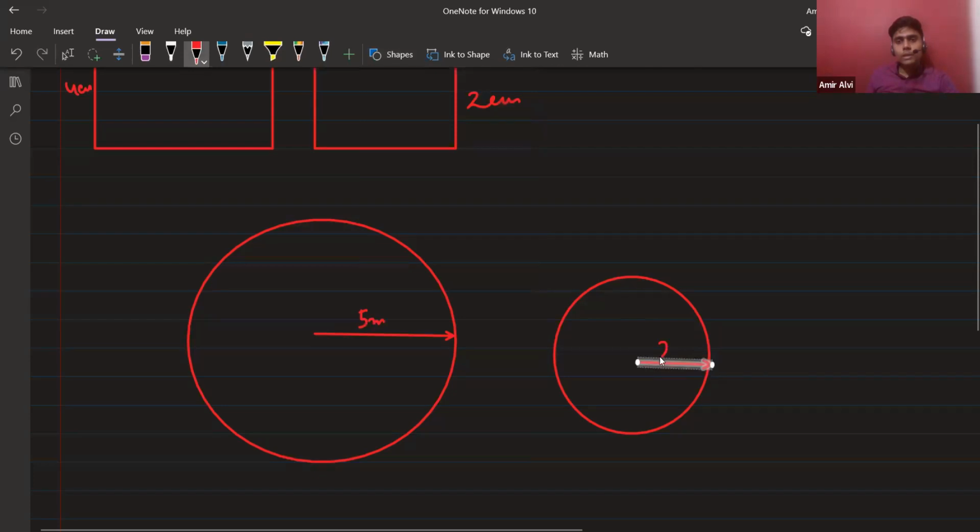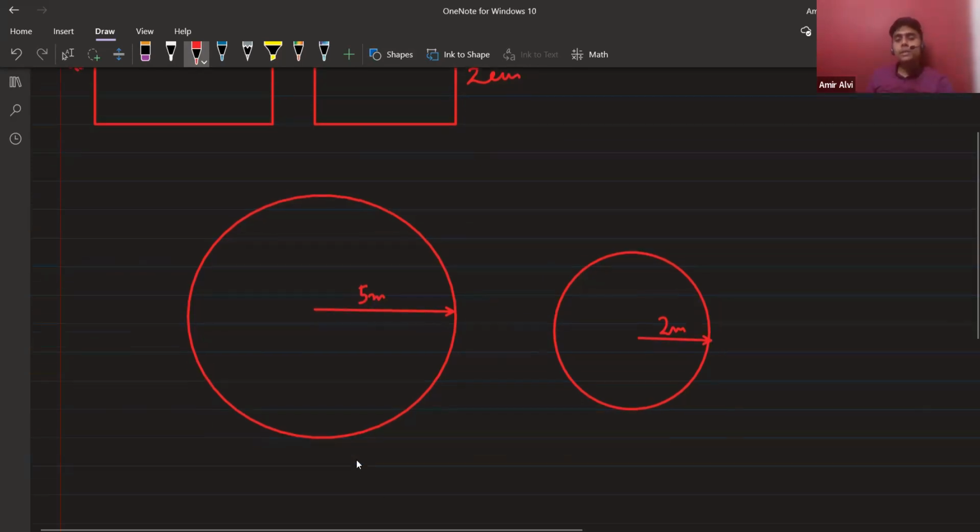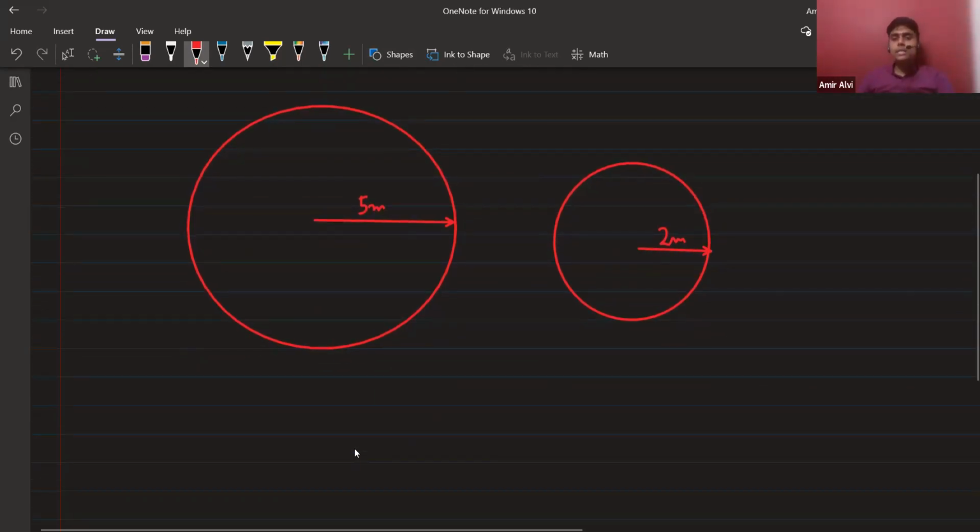Now tell me, everybody, are they equal? No, sir, they're similar. Similar figures means the shapes of the figures are the same, but that doesn't mean that the dimensions are also the same. Clear? That's what similarity is.